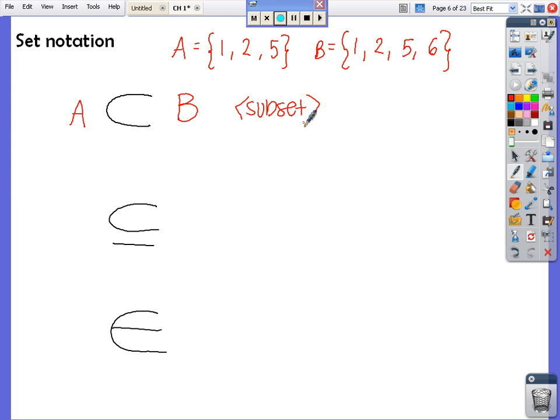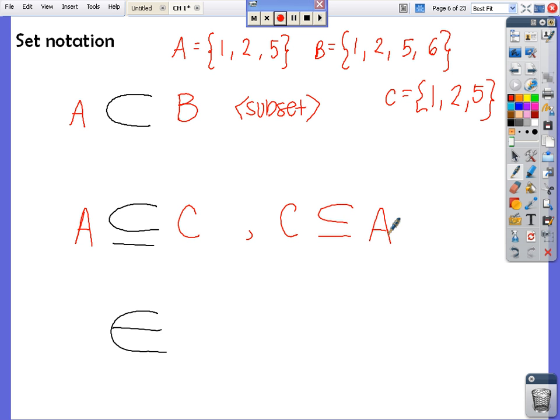When you have that every single element is actually in, so if I had another set C that was also 1, 2, and 5, then I would say that set A is within and equal to set C, and I would also say that set C is within and equal to set A. That's our way of saying that the sets are equal to each other.